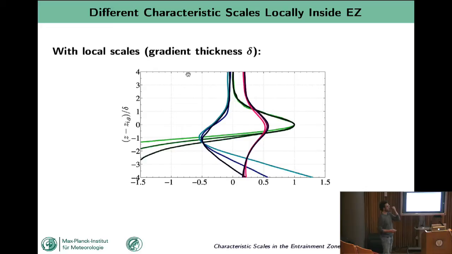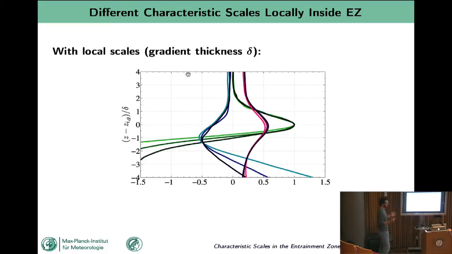So one possibility to characterize this sharp variation of mean properties is the gradient thickness, defined at the point of maximum gradient. And indeed, if you use the gradient thickness and associated local properties for the buoyancy, for instance, you see that to leading order, the profiles tend to collapse more on top of each other. It's simply indicating that, at least to leading order, these local quantities better characterize the dynamics of the entrainment zone.